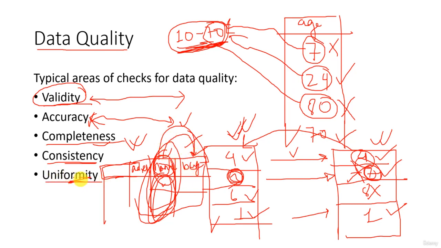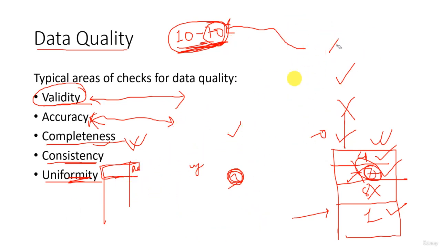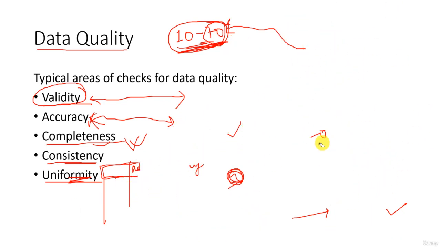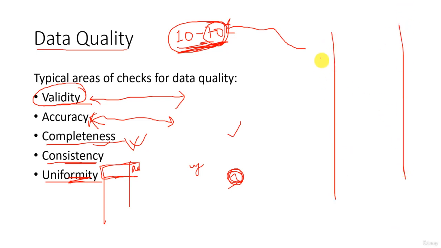And uniformity. Uniformity checks whether or not our data is uniform, whether it is under the same scale or not. So for example, I have data that has been measured as weight in kilograms, let's say. I have the weight of a customer, and some of the weights are like 50 kgs, 60 kgs, so these are in kgs.